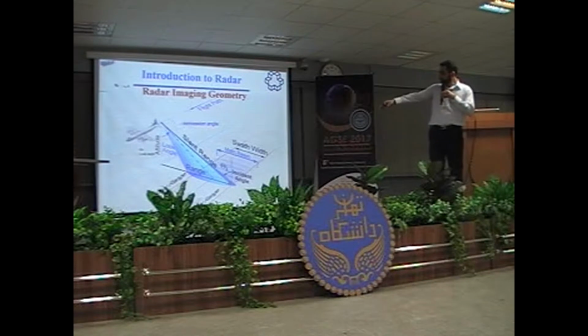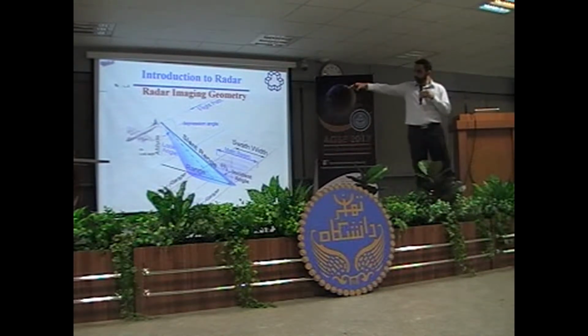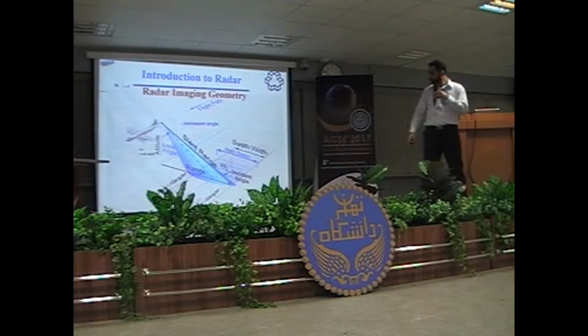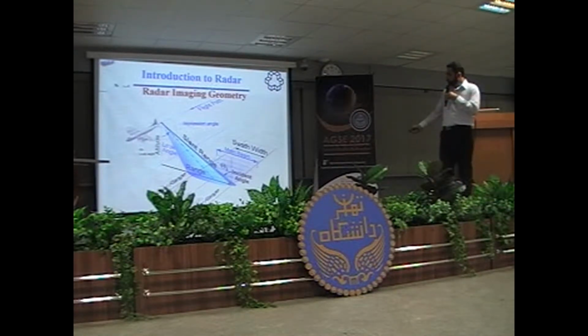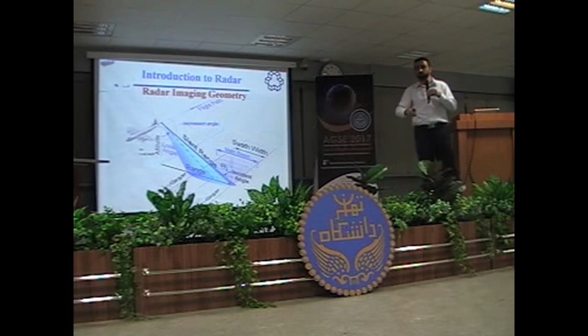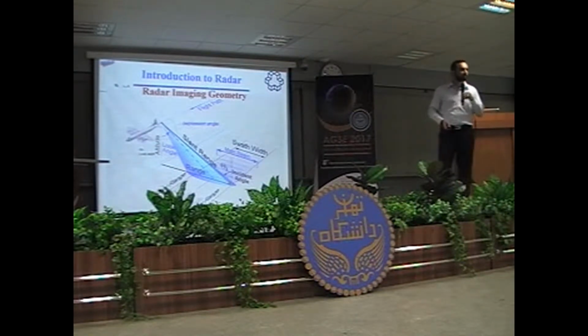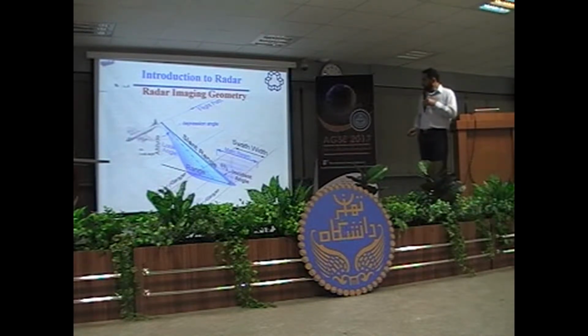So the signals are transmitted toward the ground, and from a near range to a far range, a swath is collected. This is also called the look angle, and this is the incidence angle. If we neglect the Earth's curvature, we can say that the look angle and incidence angle are equal to each other. And also this is called the depression angle.